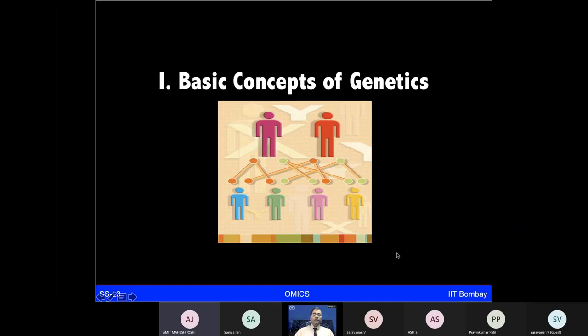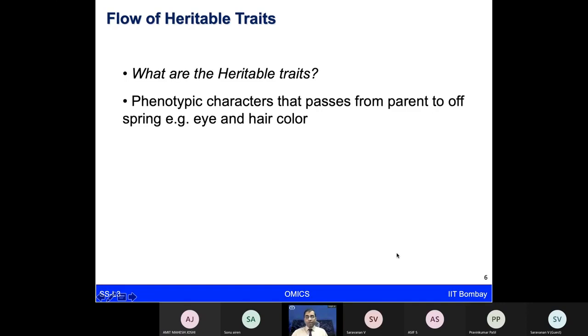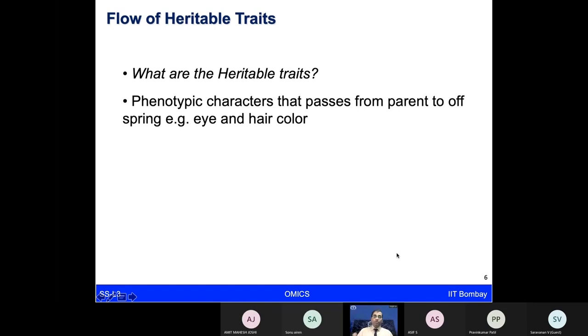Okay, so this is the first point I want to talk about, some of the basic terminology and concepts of genetics. And with some examples, it will be clear to you why we are discussing this. So what are heritable traits, which properties are transmitted from one generation to the next? Many times you see the eye color or the hair color passed from the parents to the child.